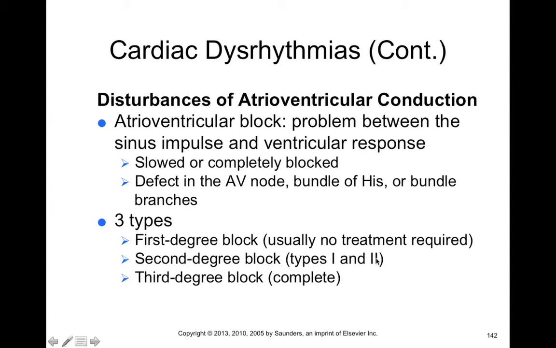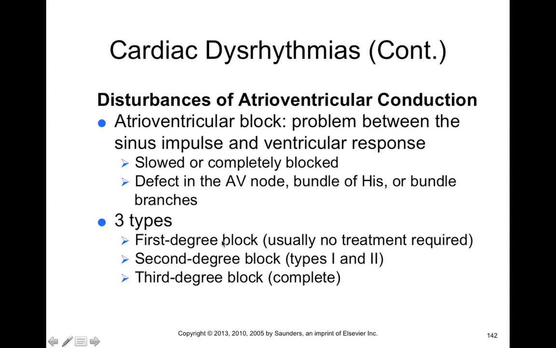And there are types 1 and 2, which will differentiate. And third degree block is where you have a complete blockage of electrical activity between the atria and ventricles, where the atrial electrical activity is completely separate from the ventricular electrical activity.